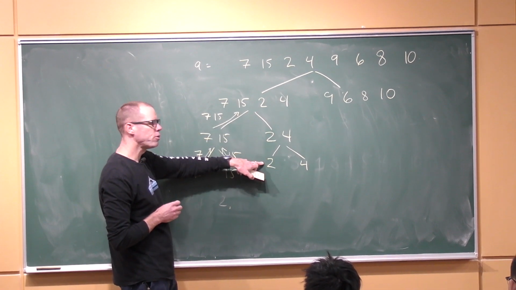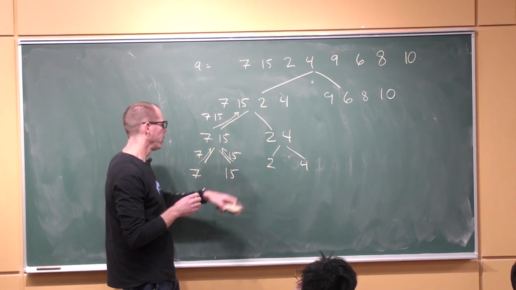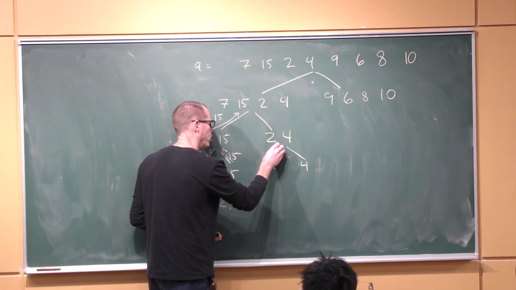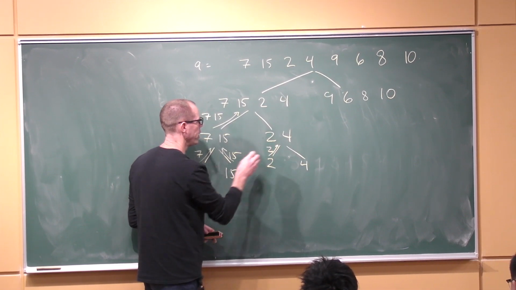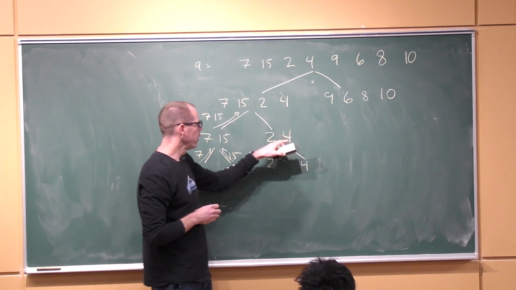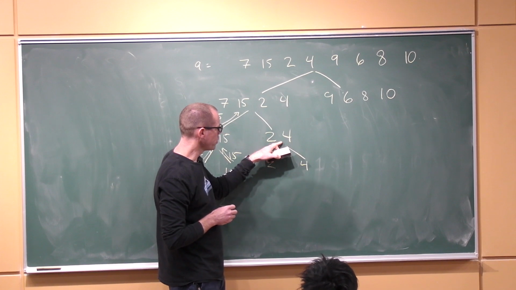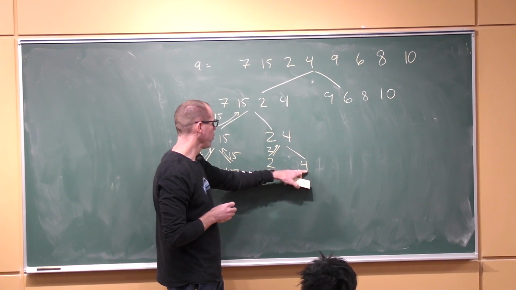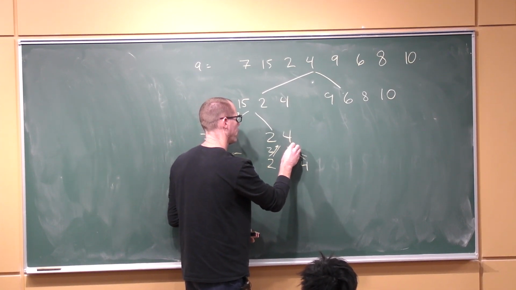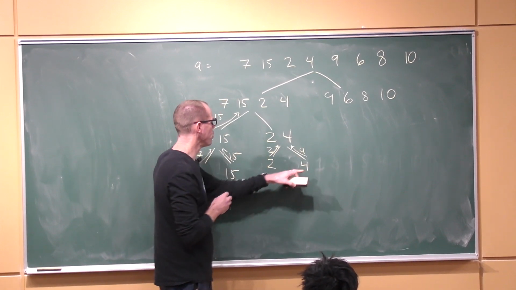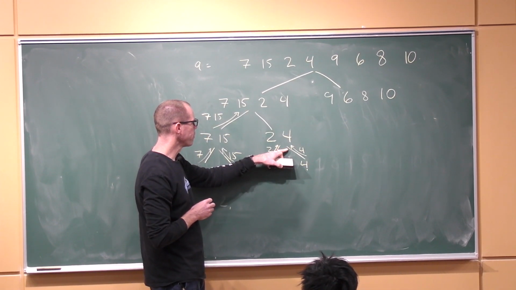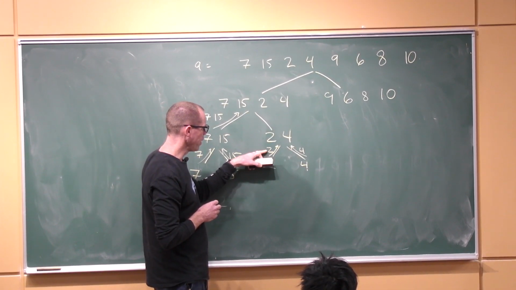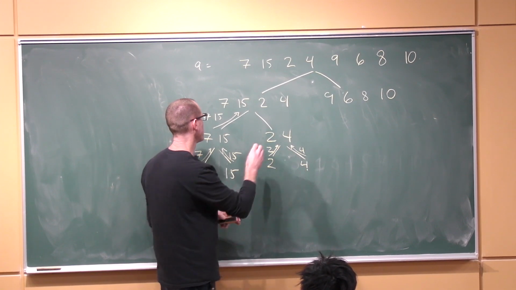The first half is recursively sorted, which has only size 1, so it immediately returns. Now up here it needs to finish sorting the second half, which it does. It has size 1, so it immediately returns. And now it merges this sorted list and this sorted list.